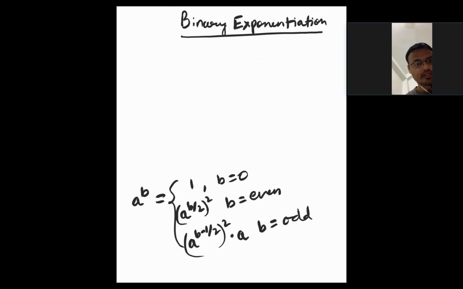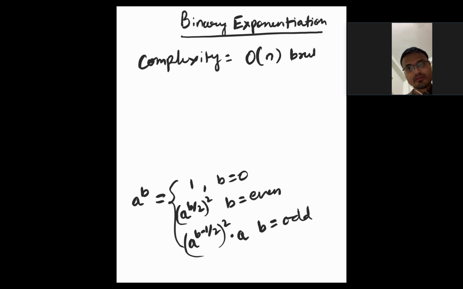So the complexity is order of n for brute force, and for this approach the complexity is order of log n.